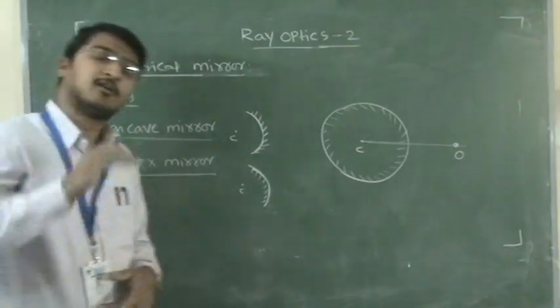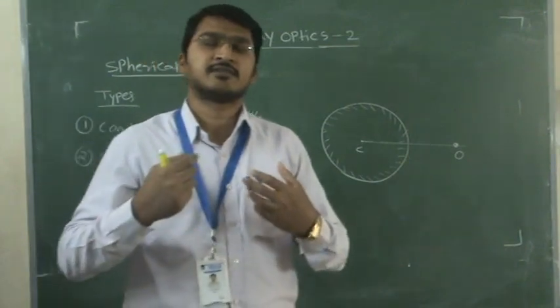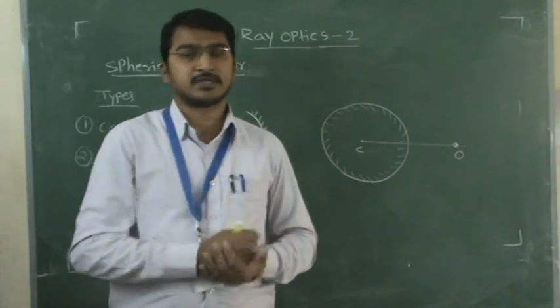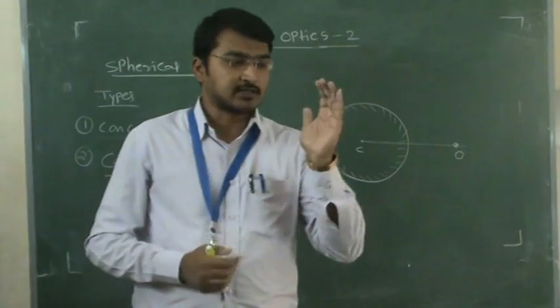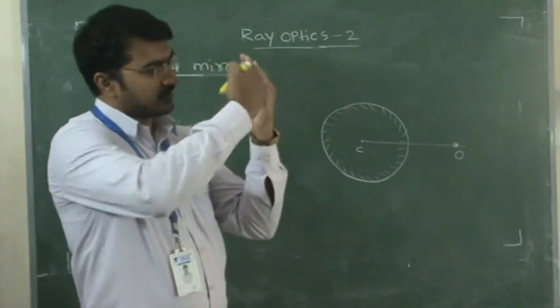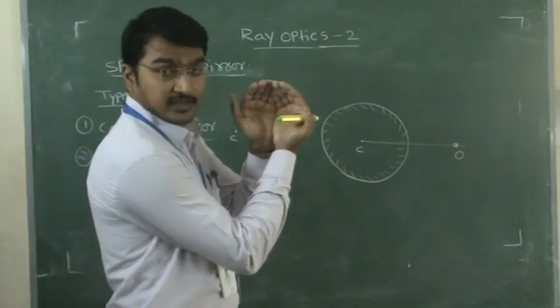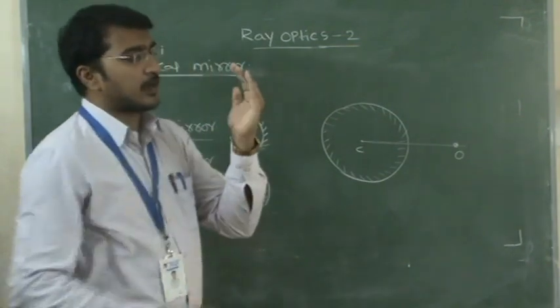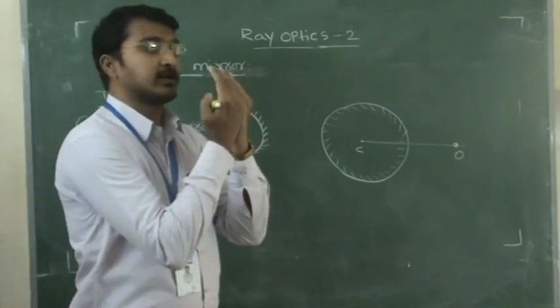Concave, convex. Okay, how can we define them in terms of object position? Remember, as we know, this is a curved mirror. Let us assume that this is one sphere. I am giving the coating outside.